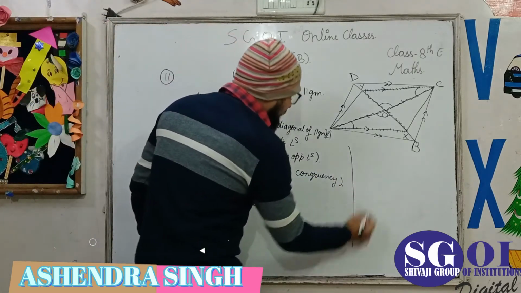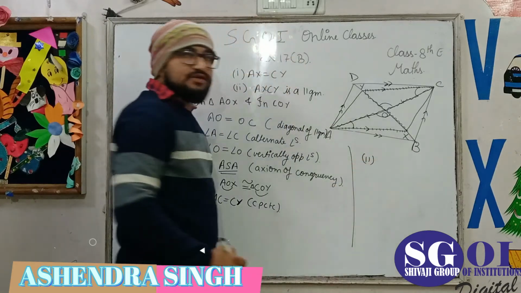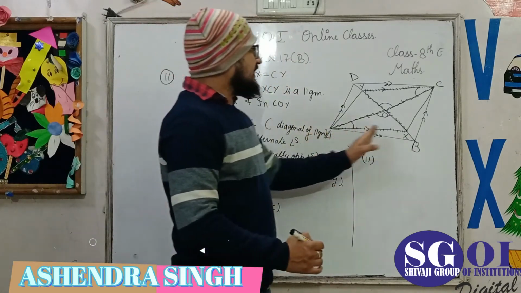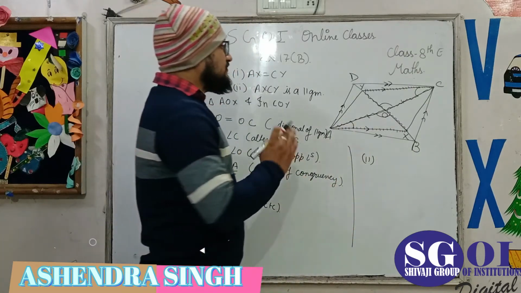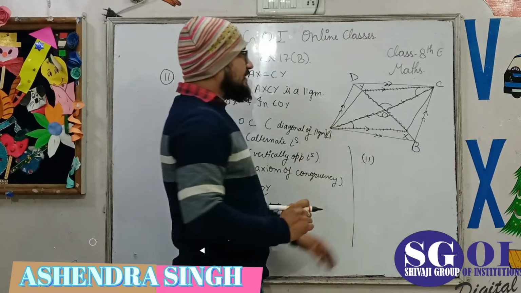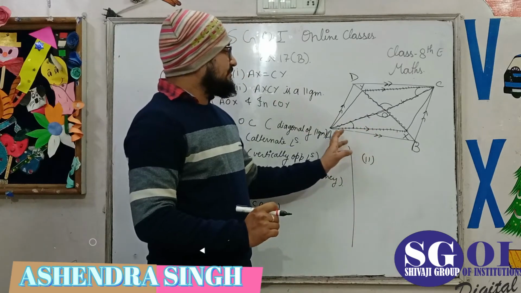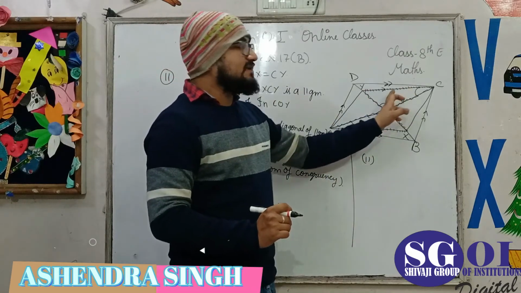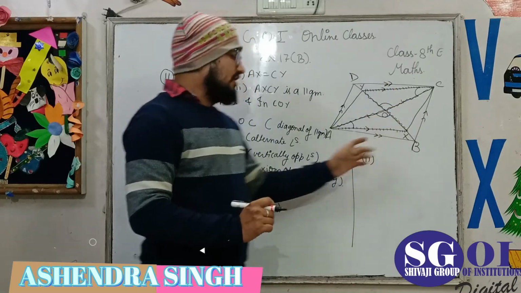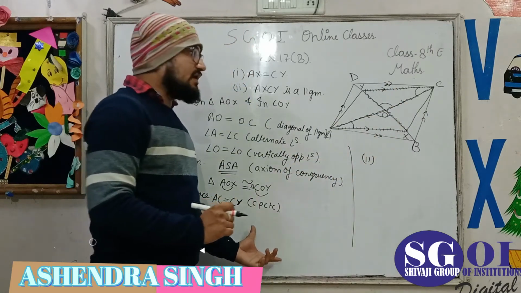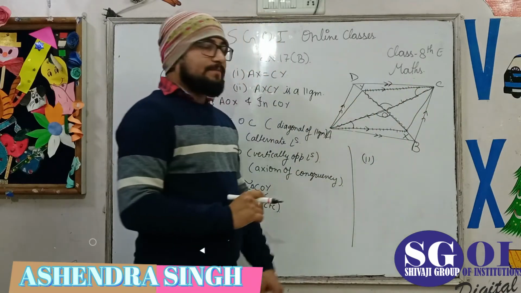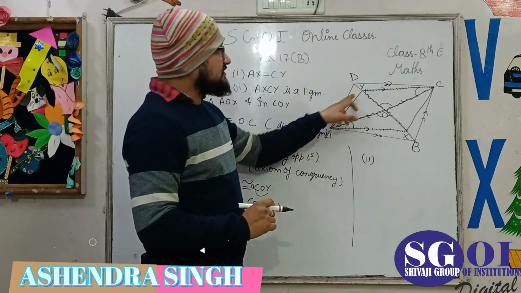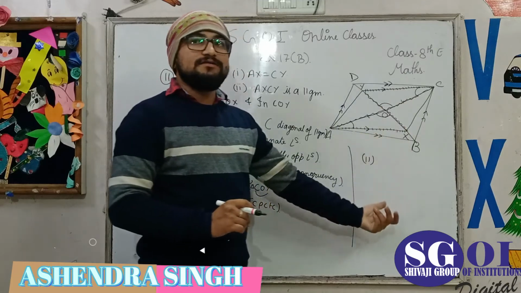Now moving to the second part. In the second part you have to prove that AXCY is a parallelogram. We have already been provided that AX and CY are parallel, and we have also proved that they are equal. Now if these two sides are parallel and equal, it is very normal that the other two sides will also be parallel and equal.